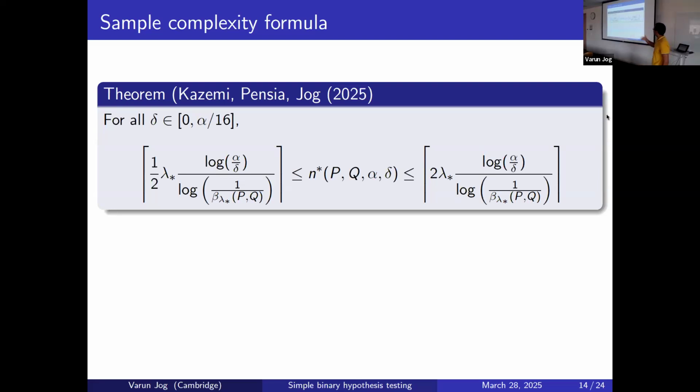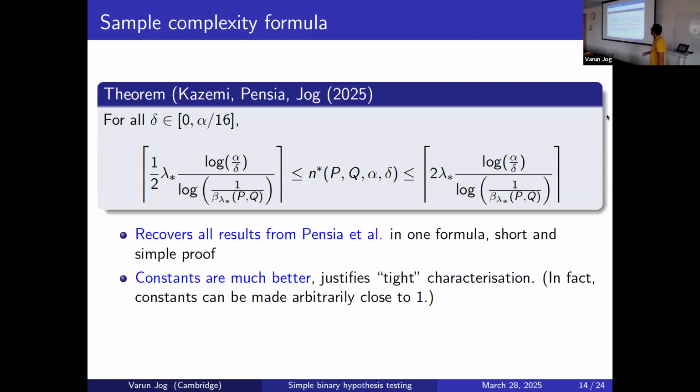I mean, this formula can recover all the 3 different regimes, but it shows that really what's happening is you're just calculating the affinity at different lambda stars based on alpha and delta, and it's just that we didn't recognize this is what was happening in the previous paper, and that's why we got 3 different regimes with 3 different formulas, but this reduces to the same formulas in those regimes.